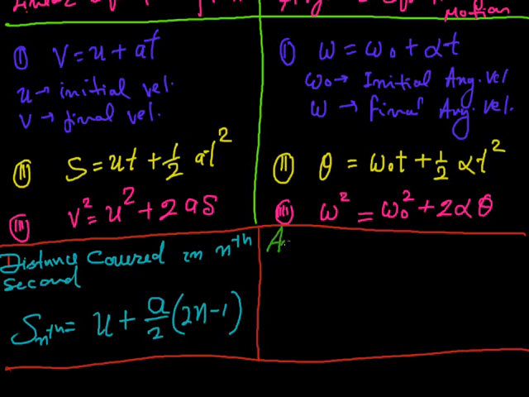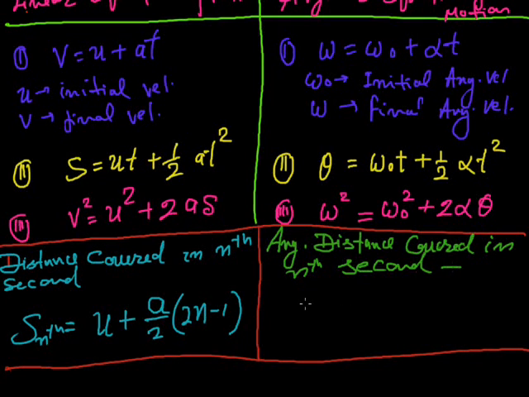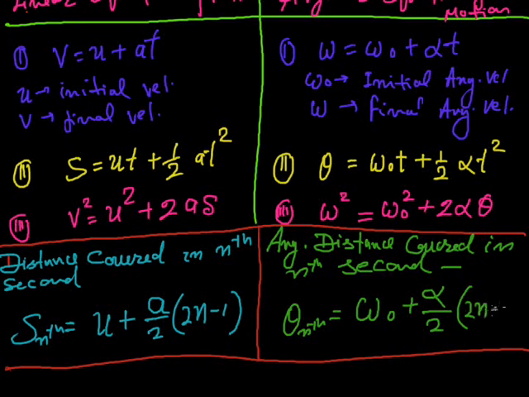Here angular distance covered in nth second, theta nth will be omega 0 plus alpha by 2 into 2n minus 1.